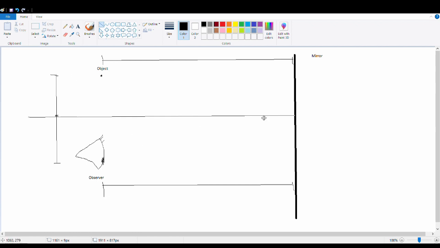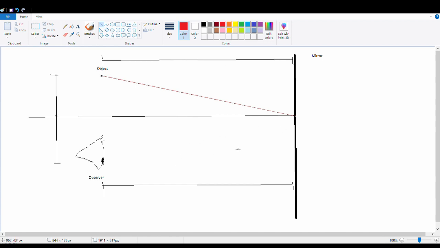Now, we have to connect a ray that starts from the object, of course, to the point where the normal hits the mirror. So it's basically a normal to the mirror as well.